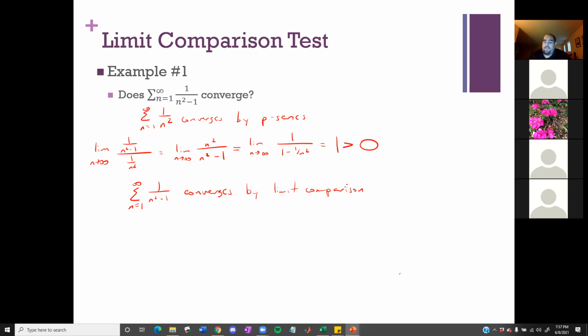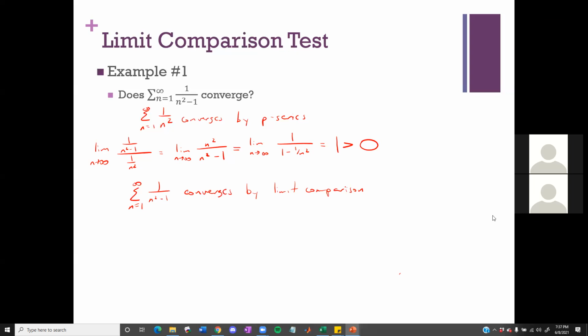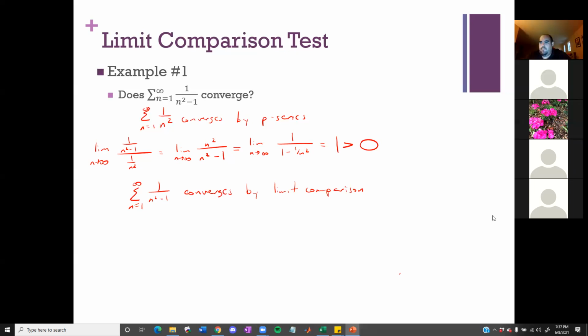Any questions here? But Professor, if it converges to 1, wouldn't it be like big numbers?